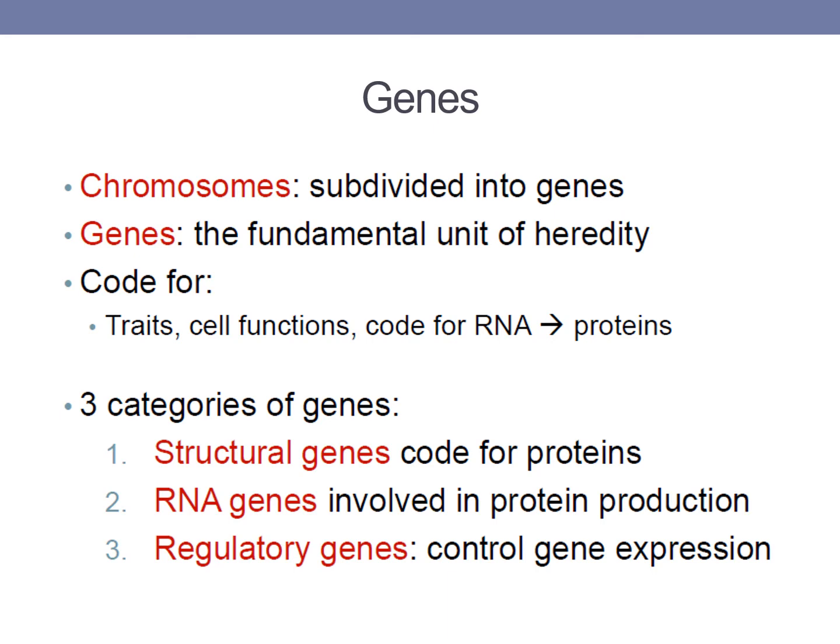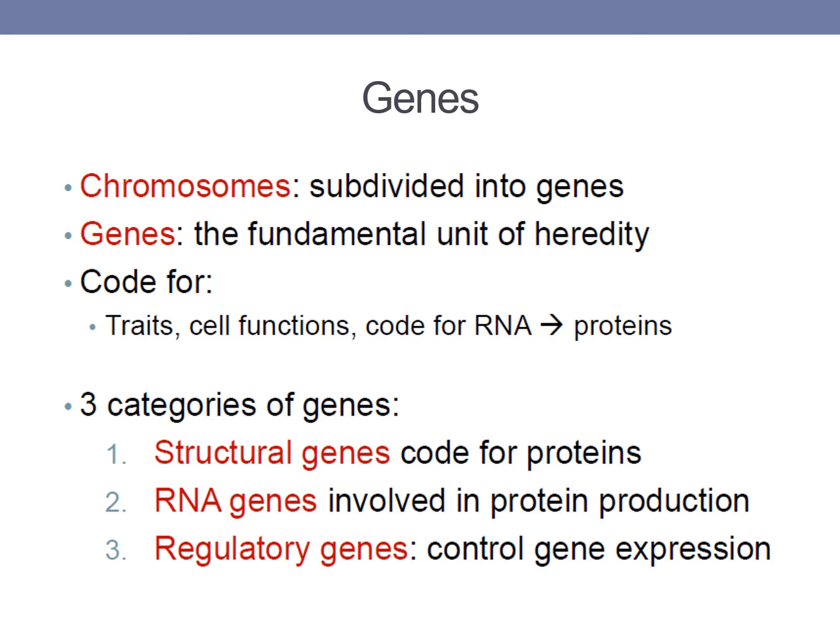Then I spoke about genes and chromosomes, how those chromosomes are divided into genes, because it's the genes that are the fundamental unit of heredity. And they're going to code for different traits, cell functions, and also code for RNA that we can use to translate into proteins.